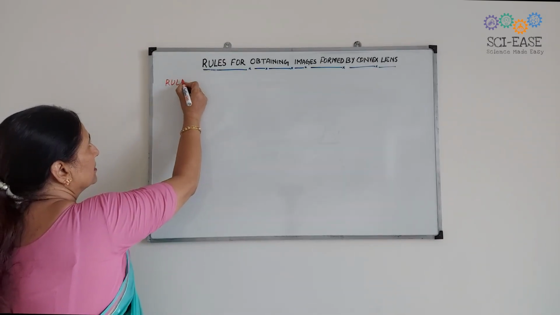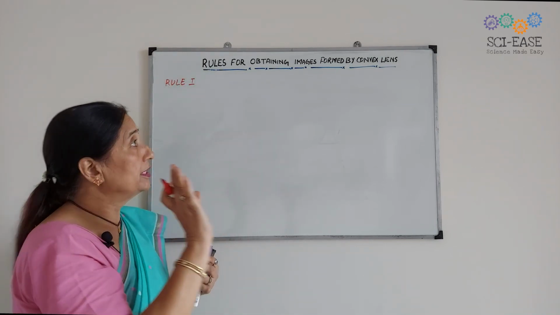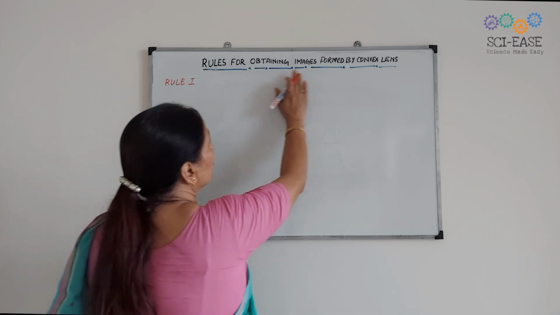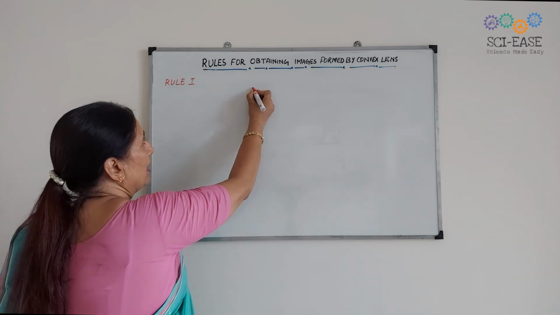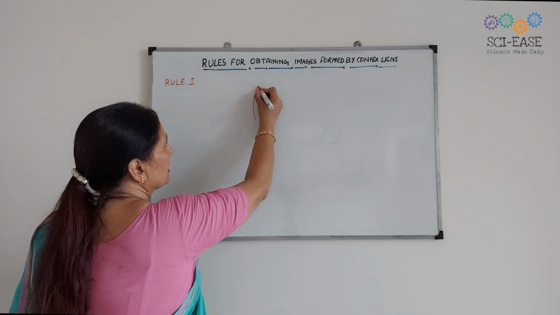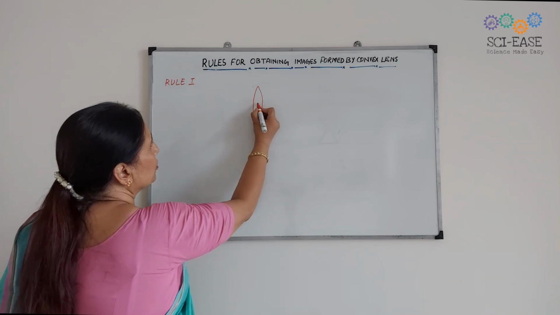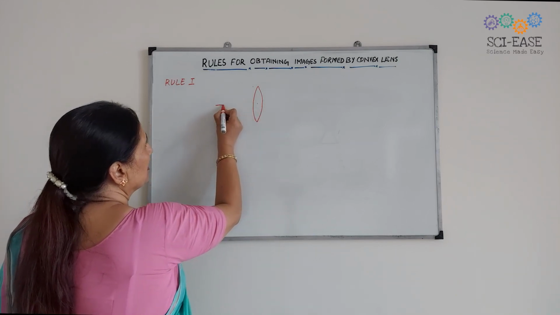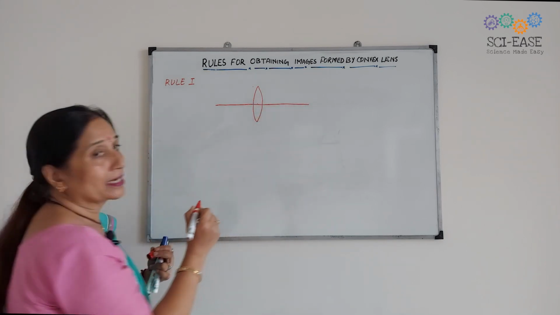I am telling you the rules for obtaining images by the convex lens. So I will draw the convex lens. This is the convex lens. This is the optical center. And this is the principal axis.